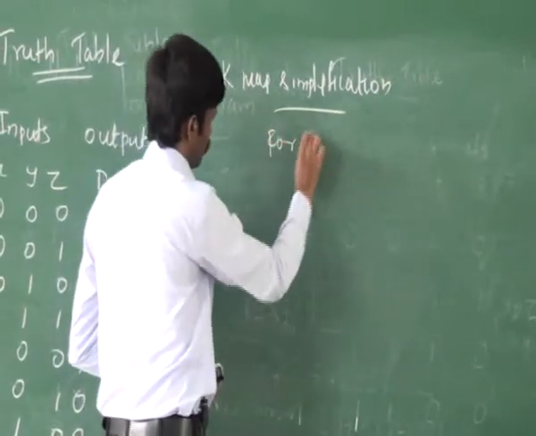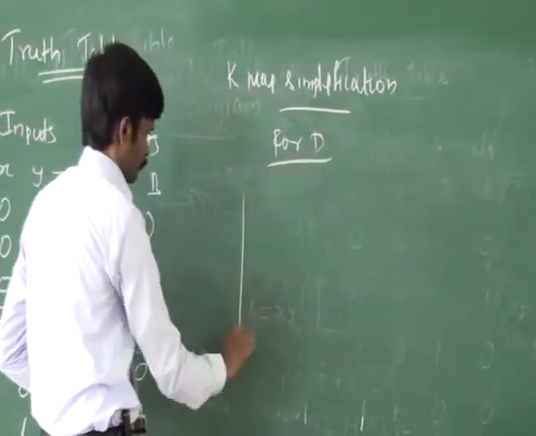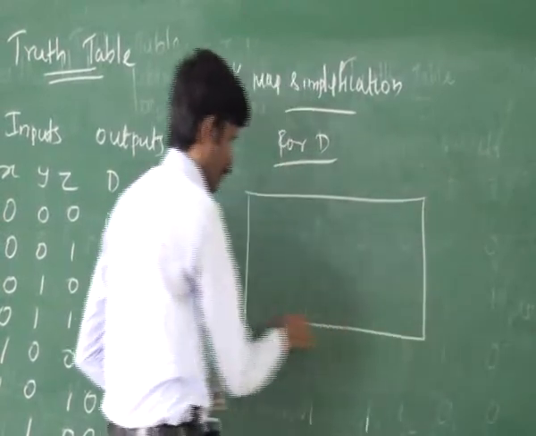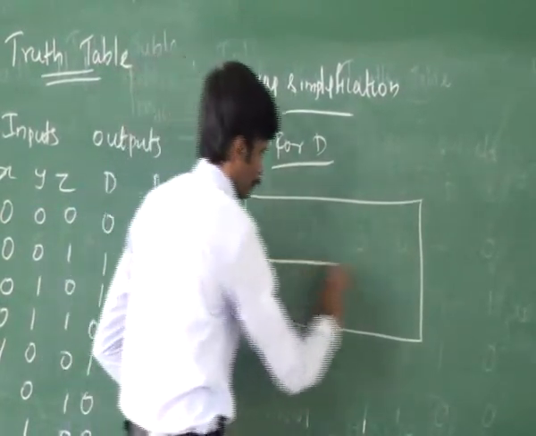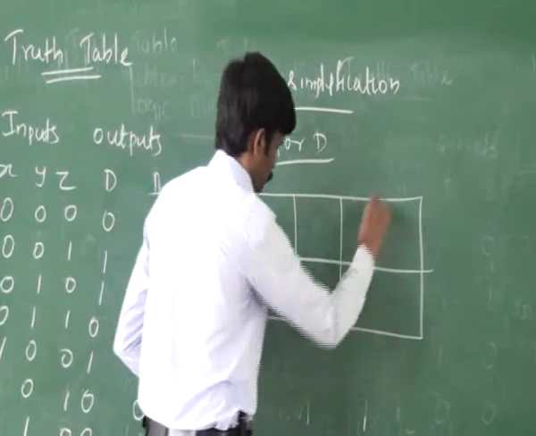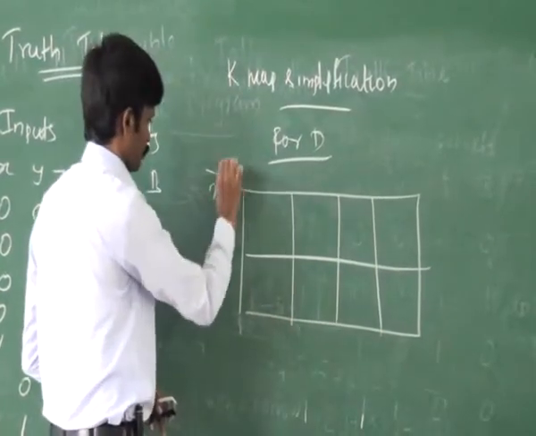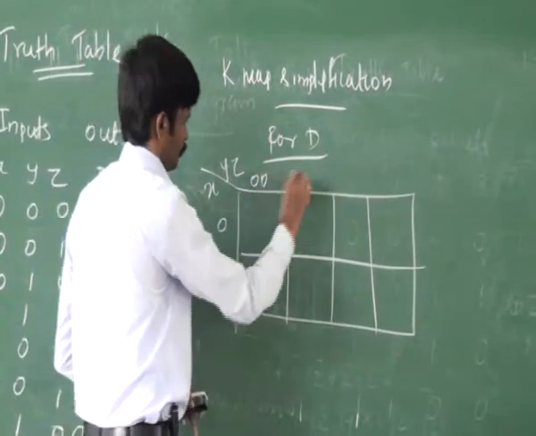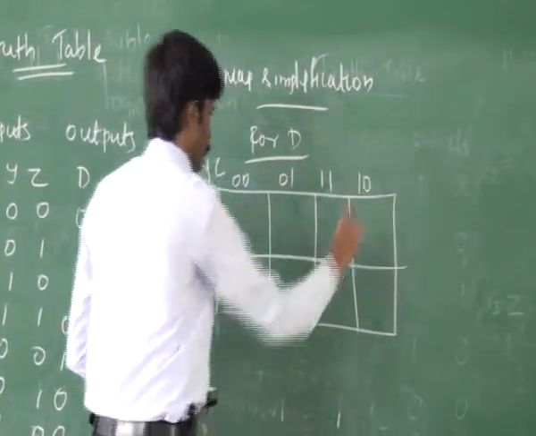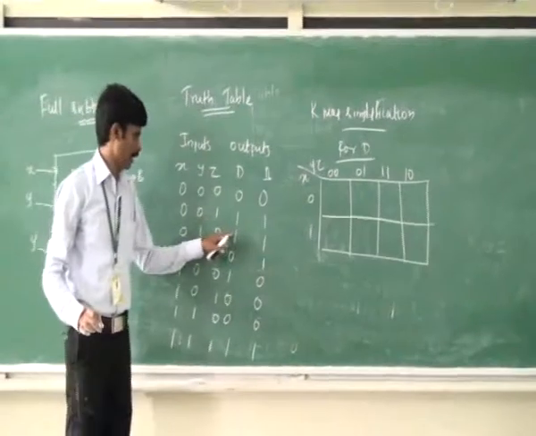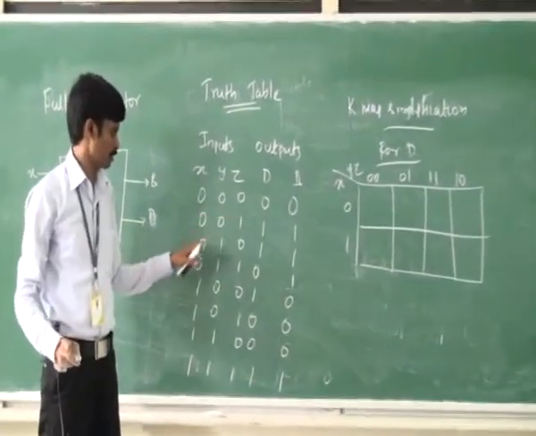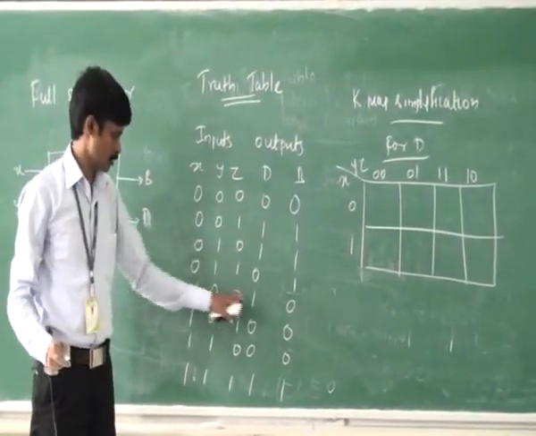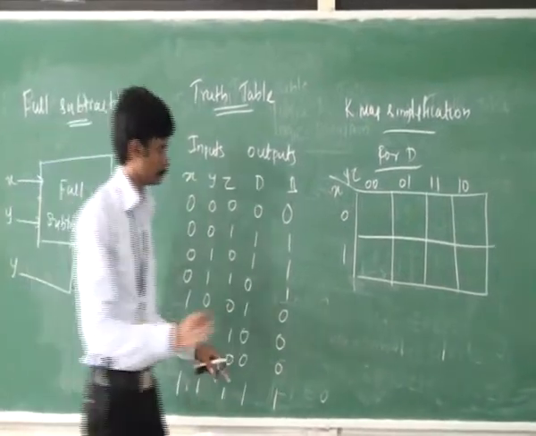First one for difference. Here we have 3 input variables, so we need a 3 variable K map which consists of 8 squares. X, y, z are the input variables. Here the difference will be 1 for the combinations 0 0 1, 0 1 0, 1 0 0, 1 1 1.